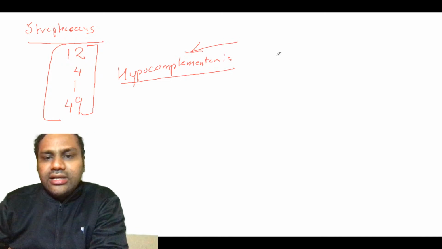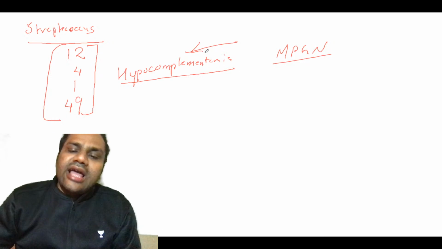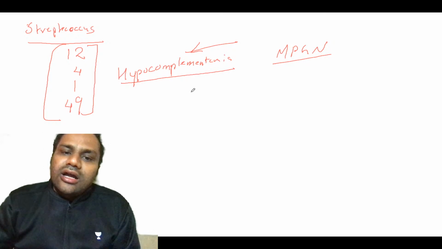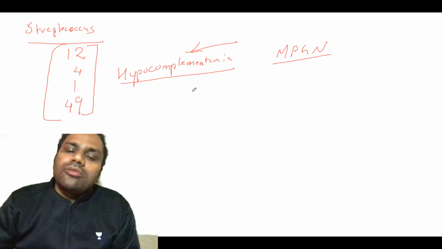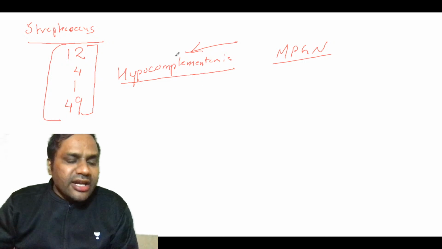Hypocomplementemia is more important in MPGN, hepatitis C associated cryoglobulinemia, hepatitis C associated glomerulonephritis, cryoglobulinemia associated glomerulonephritis. In those, hypocomplementemia is more important than in post-streptococcal glomerulonephritis.